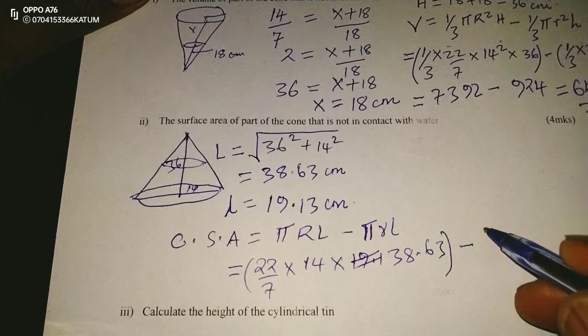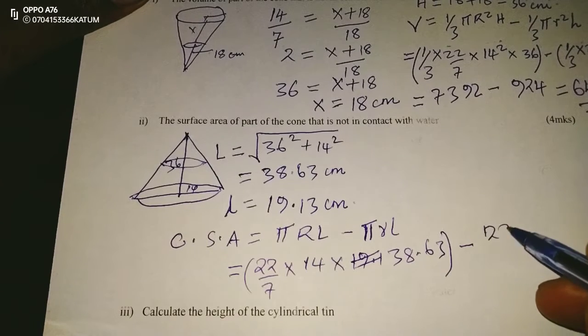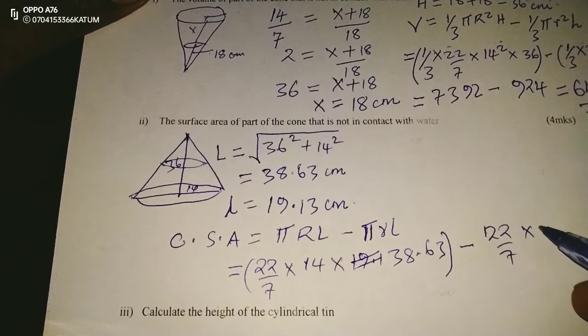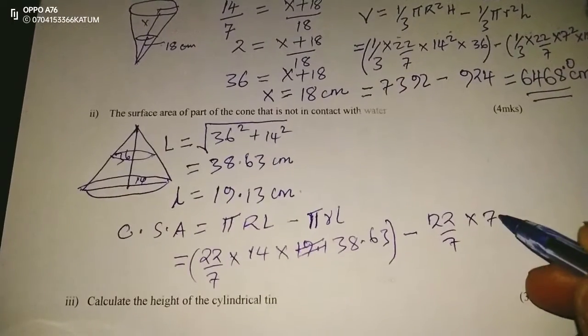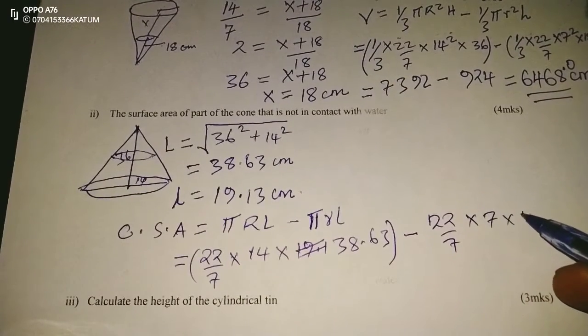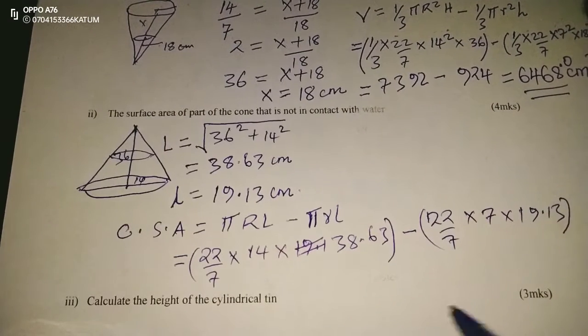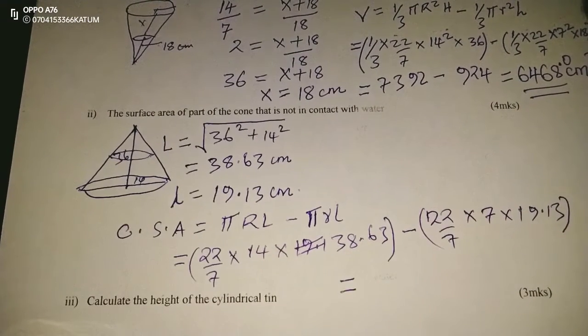Then we subtract 22 over 7, that is the pi, a radius of 7, and l 19.13, that is the small l. So now we can get these values.